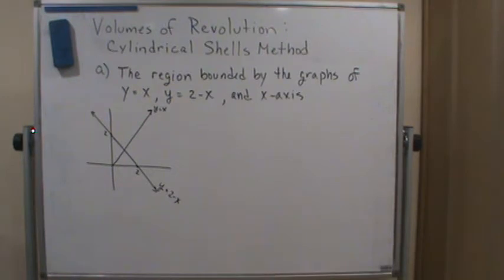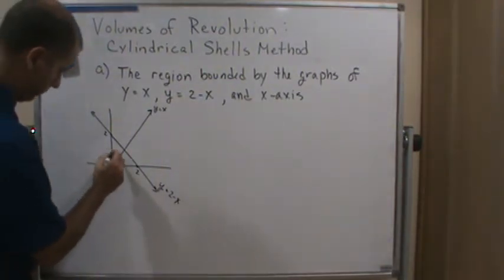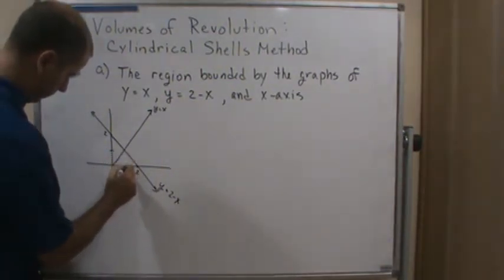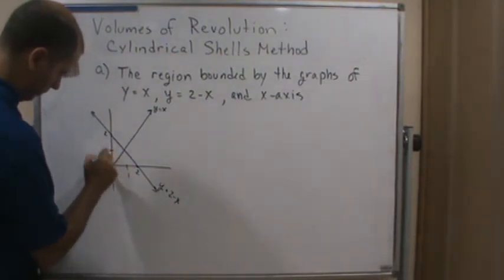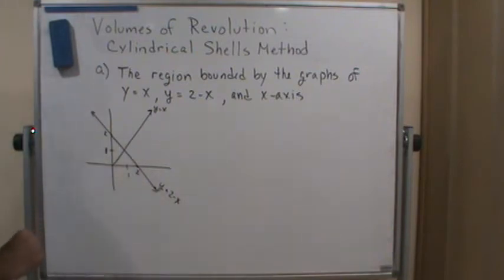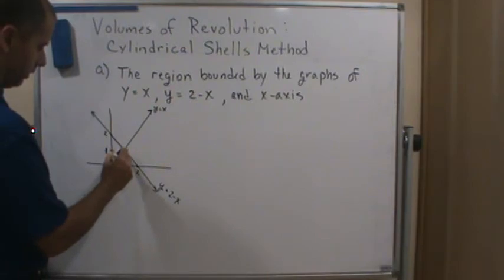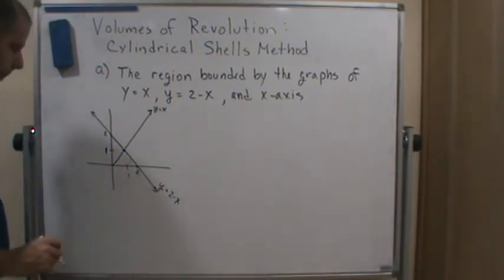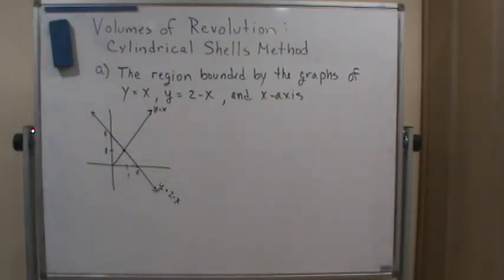Now, what's the shaded region? That's the other thing. In this case there's an intersection point.